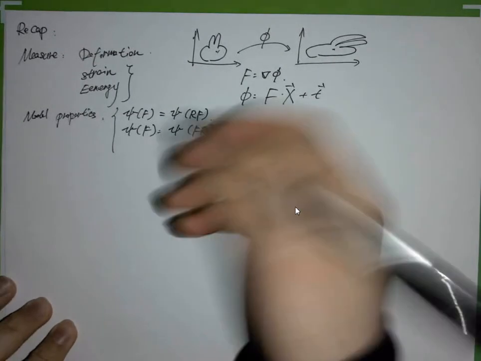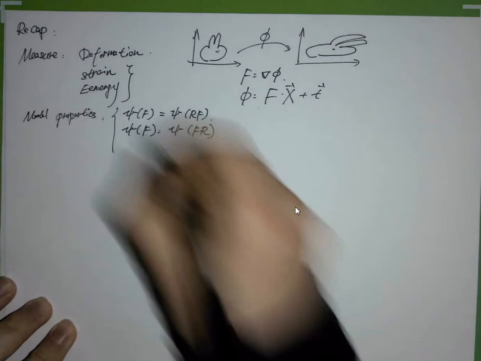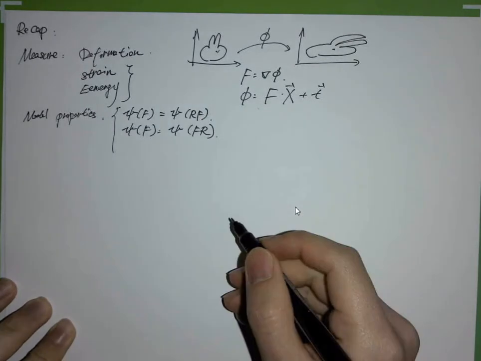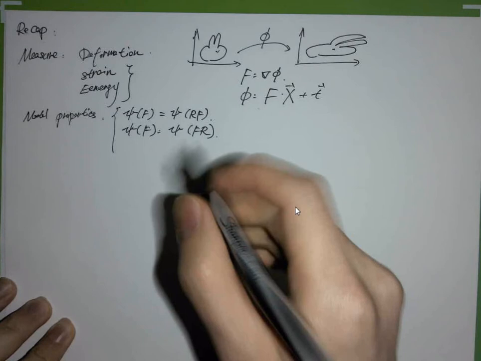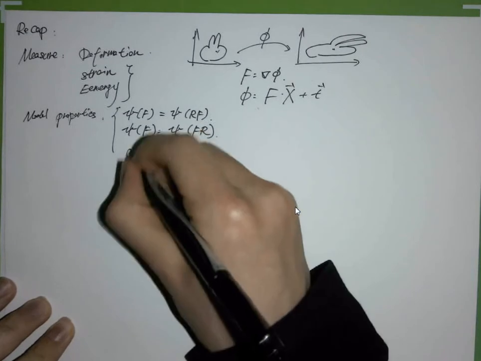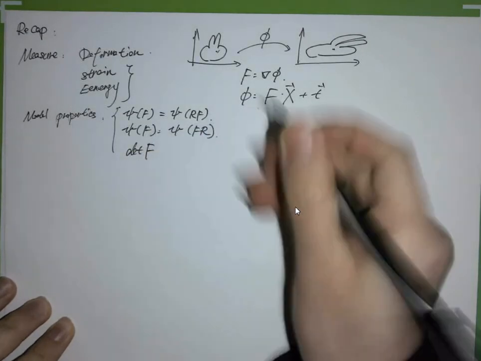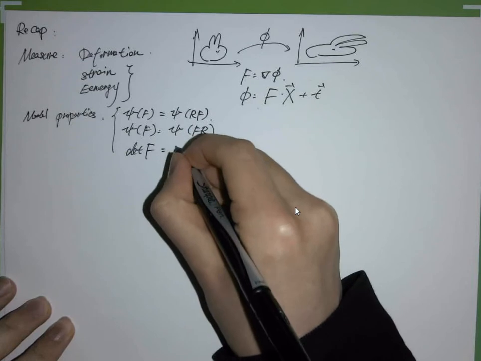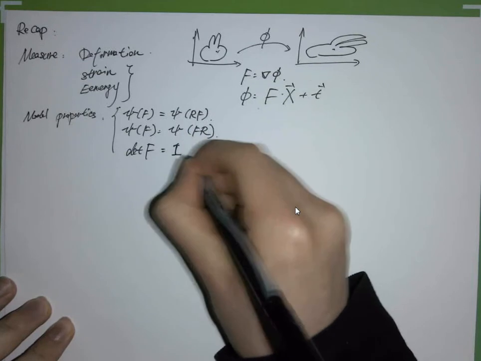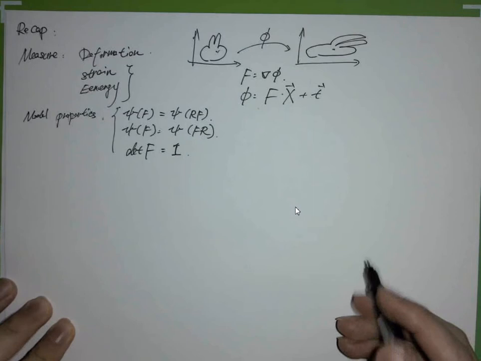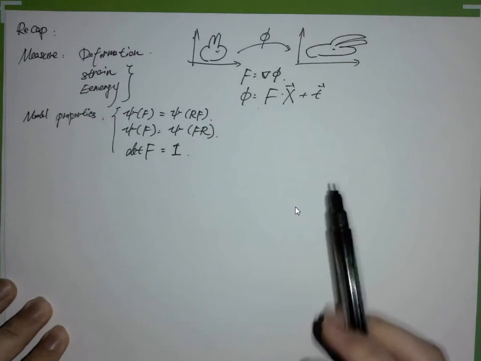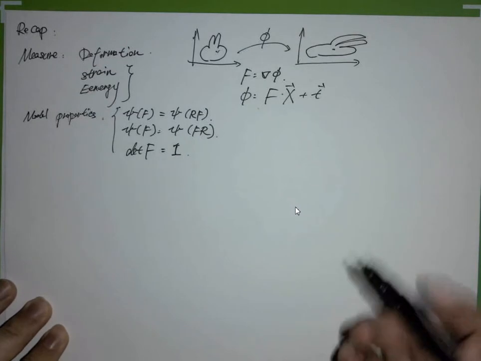And also, we want our simulation to be volume preserving. The main idea is to get the determinant of the deformation gradient F equal to 1, or as close to 1 as possible. But we know that determinant of F is a nonlinear function, so we want to make it linear.